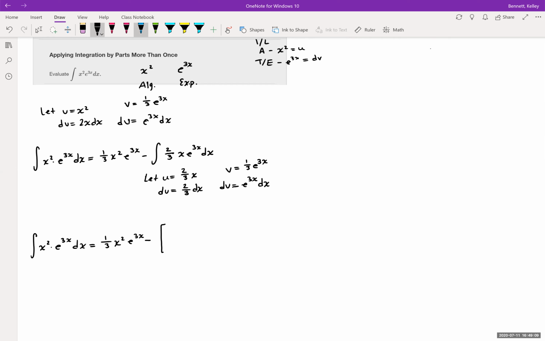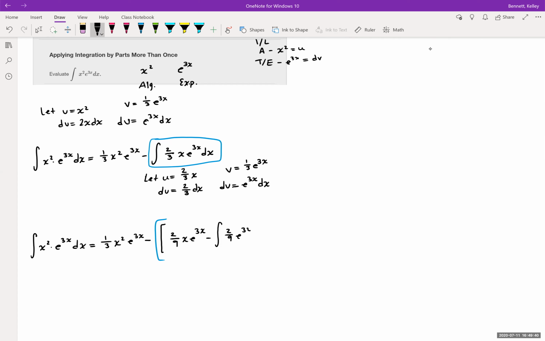So this integral here is going to be this guy over here. So I get uv, which is going to be 2/9 x e to the 3x minus the integral of v du, which is 1/3 e to the 3x, and du is 2/3 dx. So this will give me 2/9 e to the 3x.